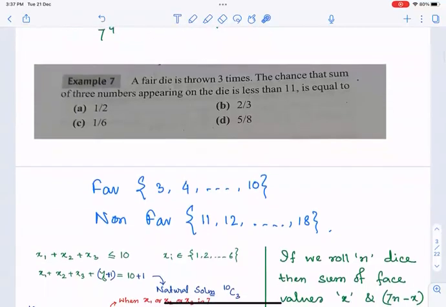Now, to remove this inequality, I have added a y: x1 plus x2 plus x3 plus some y, where y is 10 minus the left hand side. That makes it equal to 10. But even then, this y will be of whole number nature because y can be 0.